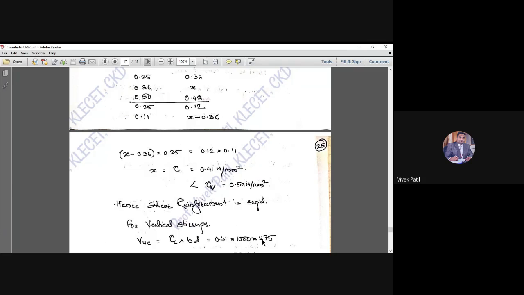So tell me what is VUC? 112.75 into 10 raised to 3. 112.75 kilonewtons. Okay, so now we will calculate VUS. How to calculate VUS here?